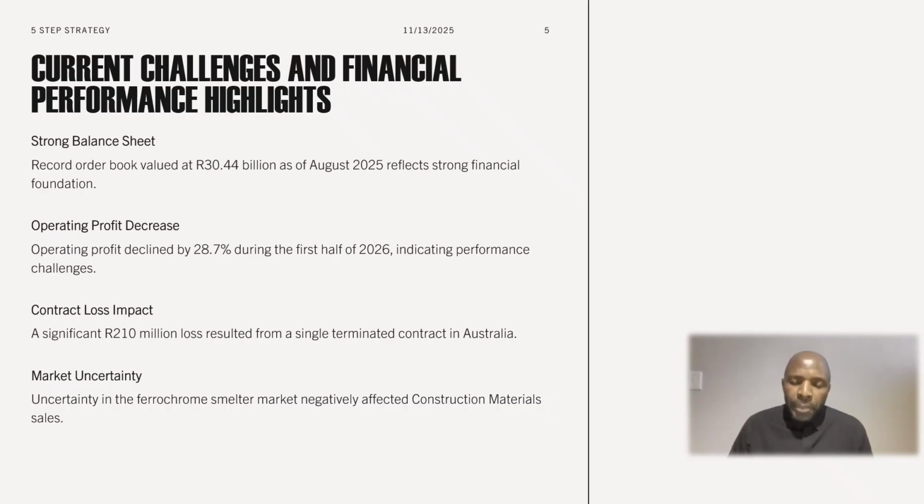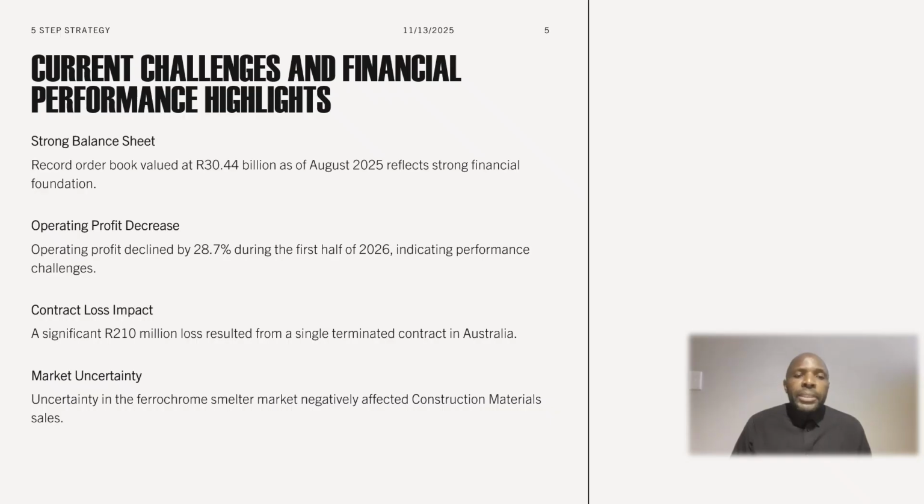I need to remind you that these slides are based on the February 2025 annual report and financial statements, but while doing the analysis we could also pick up the medium-term update for this year, which is post that financial year of February 2025. So this is August 2025, and it's a strong financial foundation.